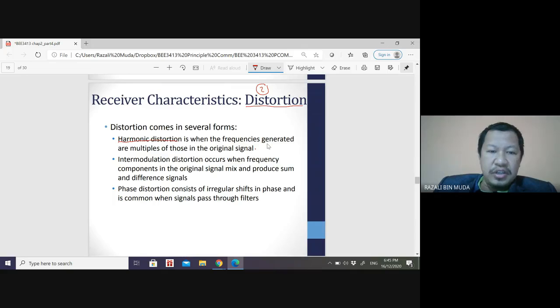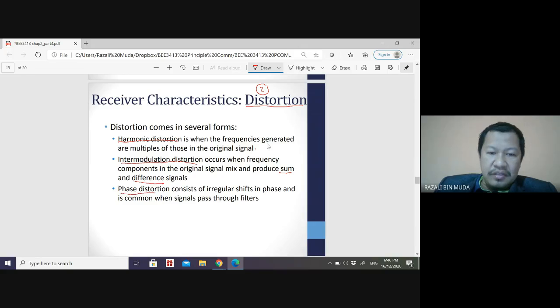Intermodulation distortion occurs when frequency components in the original signal mix and produce sum and difference signals. You still remember this? Sum is plus, difference is minus, right?